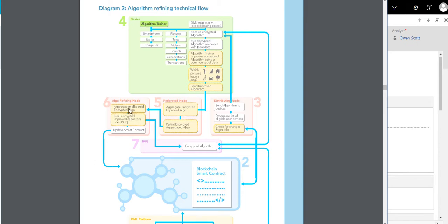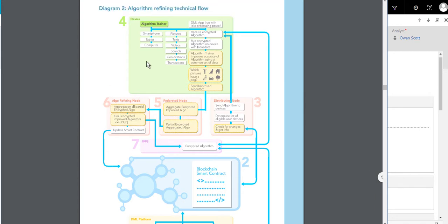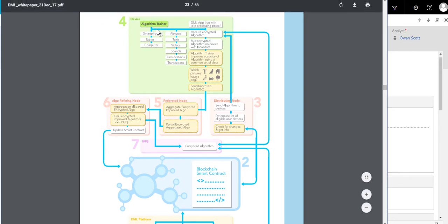So the person has this choice when they're using the platform of getting rewarded more if they train the algorithm. So that means if they actually go in there and say, which picture is a dog? How many dogs are in the picture? Which one's a tree? Which one's a car?